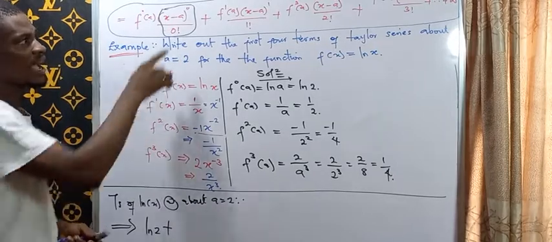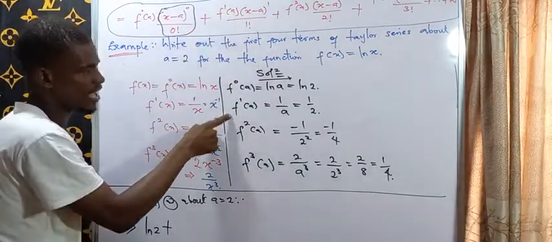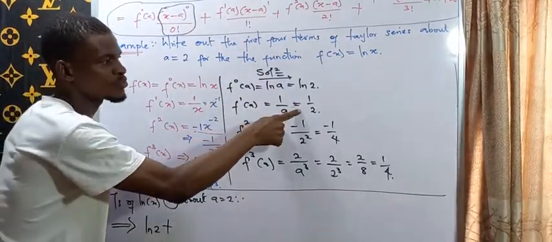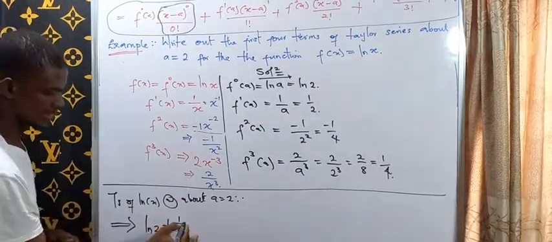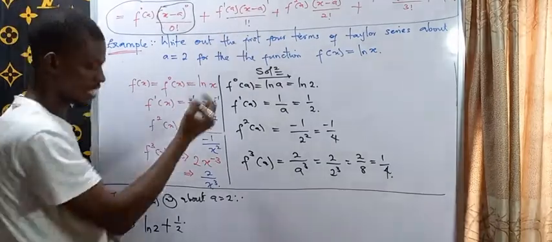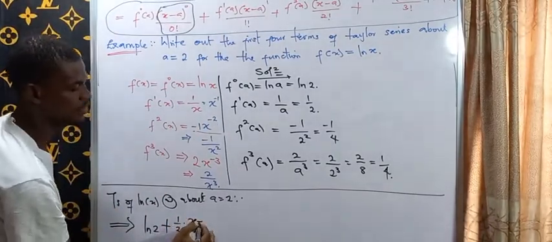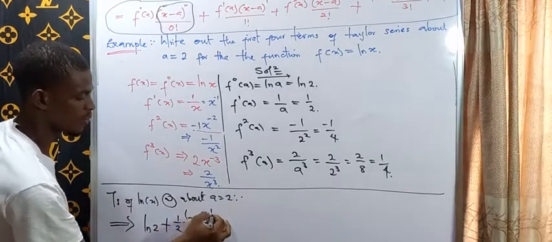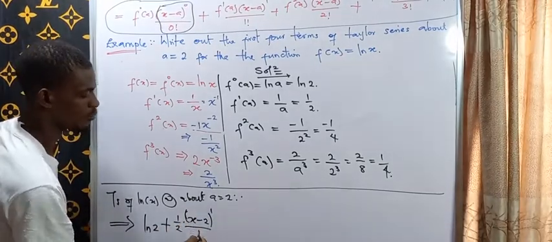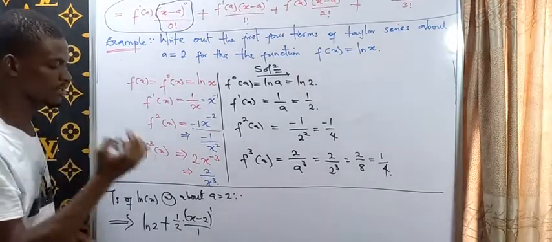Plus f prime of a. F prime of a, we have that to be what? 1 over 2. That's 1 over 2 times (x minus a). What is a? 2, raised to power 1, over 1 factorial. 1 factorial is still what? 1.